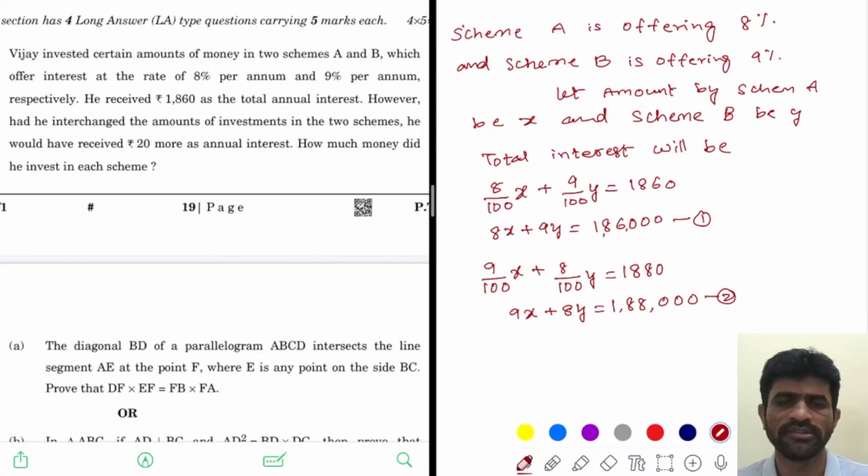Now numbers are big, and the x and y coefficients are the same in the two equations. Means the x coefficient in the first equation is equal to the y coefficient in the second equation.